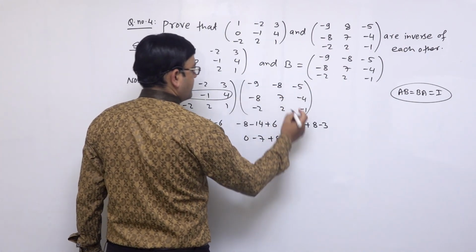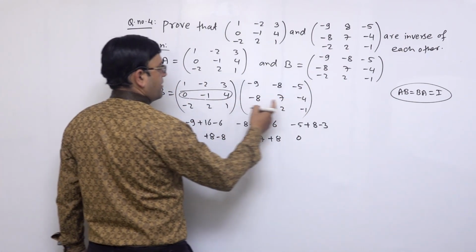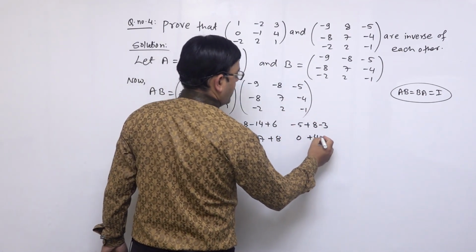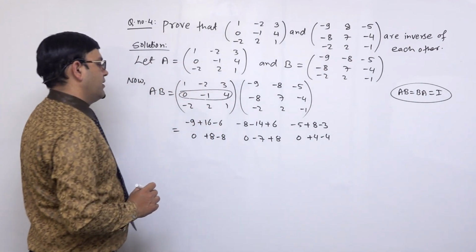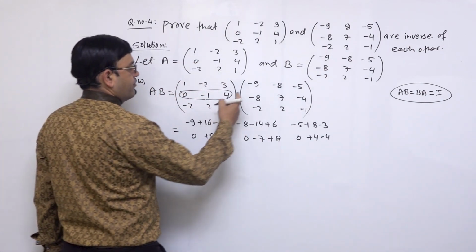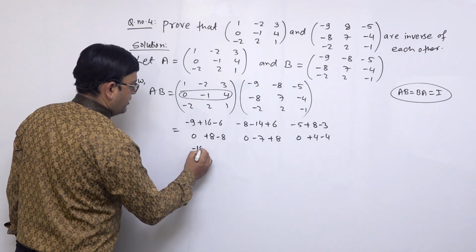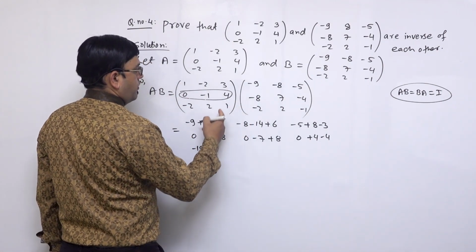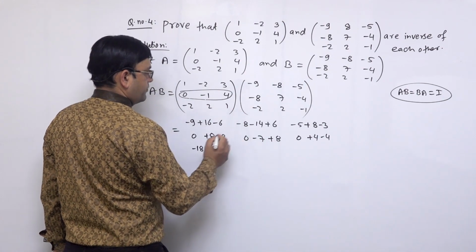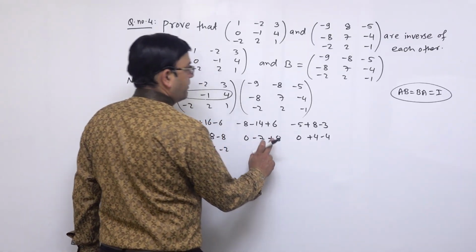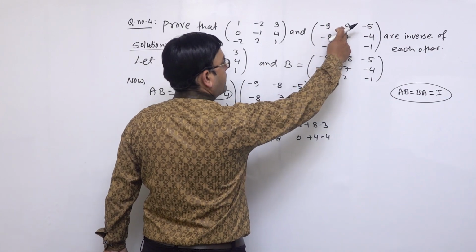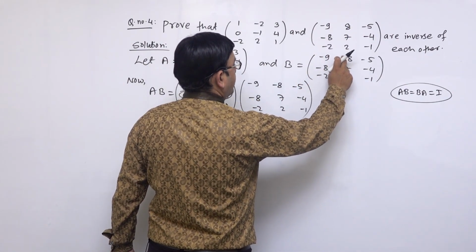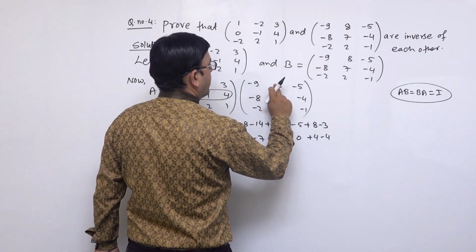Similarly, 0 times -5 is 0. -1 times -4 is plus 4. 4 times -1 is -4. Similarly, -2 times -9 is 18. 2 times -8 is -16. 1 times -2 is -2. Students, here we have plus 8, so it should also be plus 8, not minus 8.